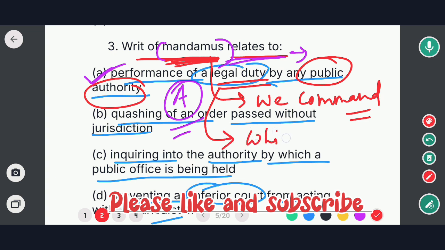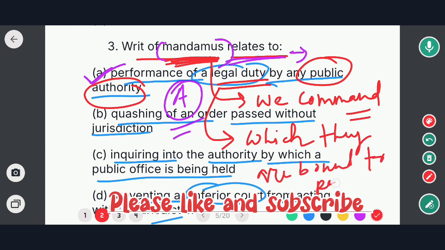That means if any public authority is not performing his work properly, which he has failed to perform, then in that case the court may issue the writ of mandamus to that public authority to perform his legal duty. So in this case option A would be the correct answer.